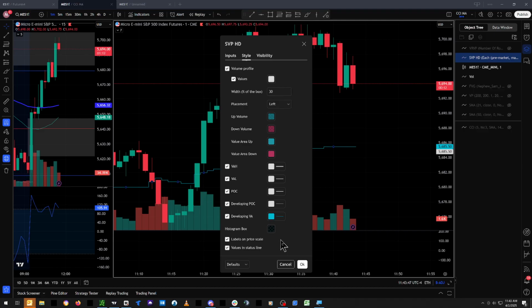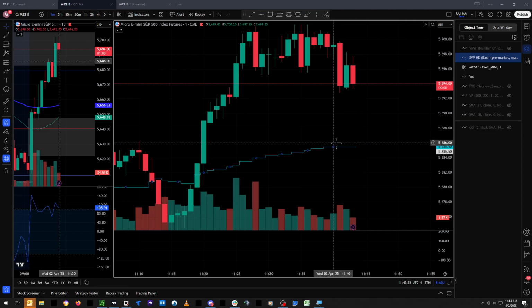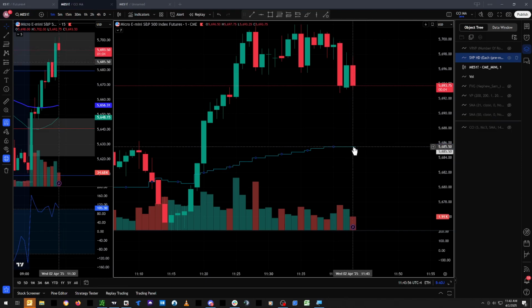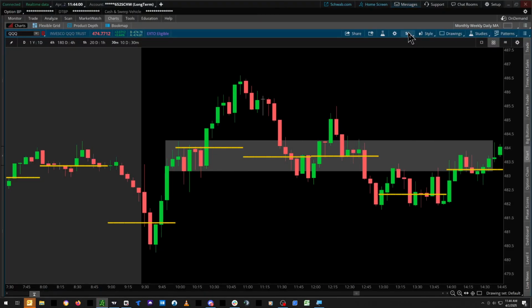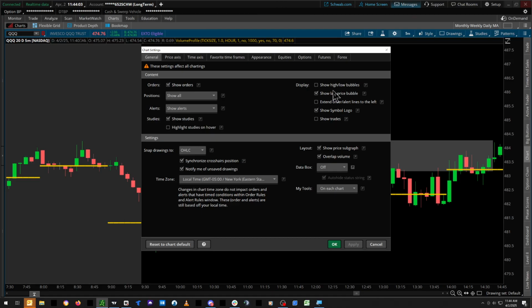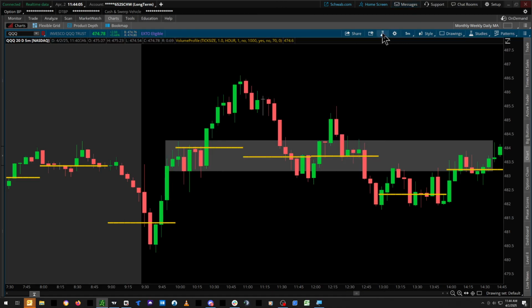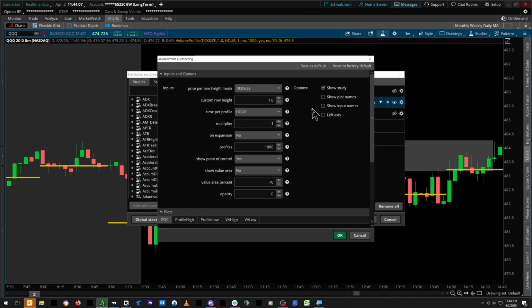Now, we use this a lot in Bookmap, and it'll say the volume profile right now is here for the day. Let's go look at that over here. And let me change that. Wrong thing. Here. Yeah.